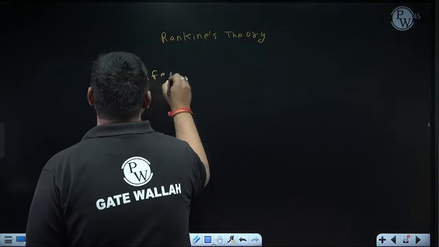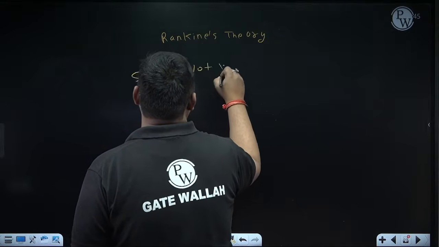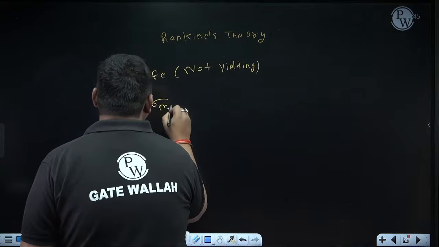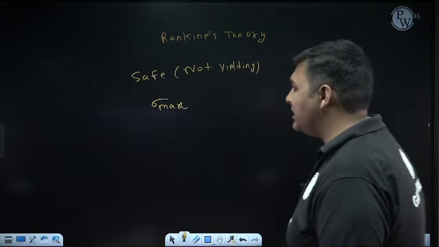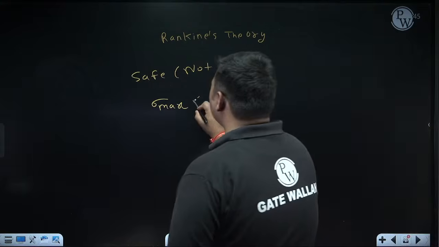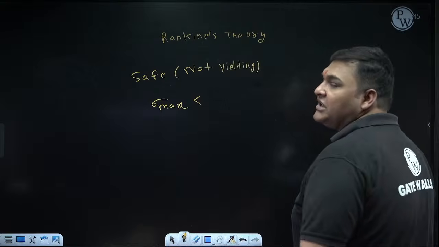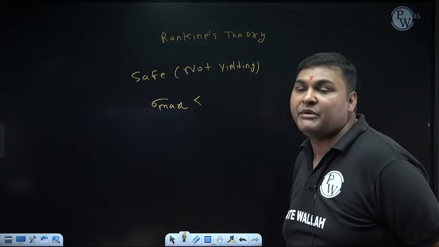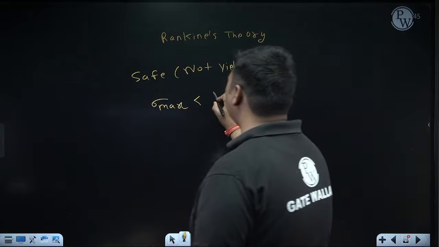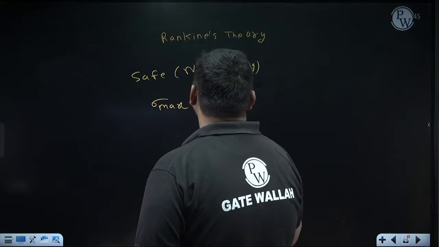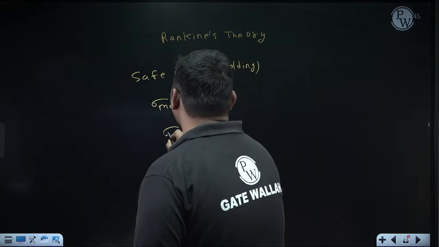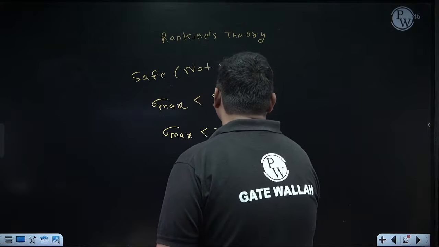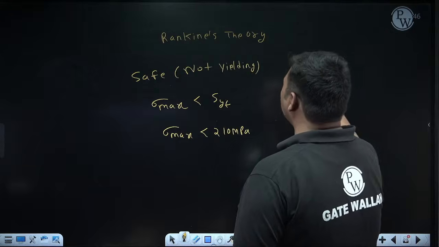If it is safe, it is not yielding, because if yielding is occurring, it is failing. It is safe when the actual maximum normal stress at the critical point under actual stress condition is less than the maximum normal stress under tensile test at the time of failure, which is equal to the tensile strength SYT. So if it is less than SYT, it will be safe, and the value of SYT is 210 megapascal. If sigma max is less than 210 megapascal, it is safe, meaning it will not yield.